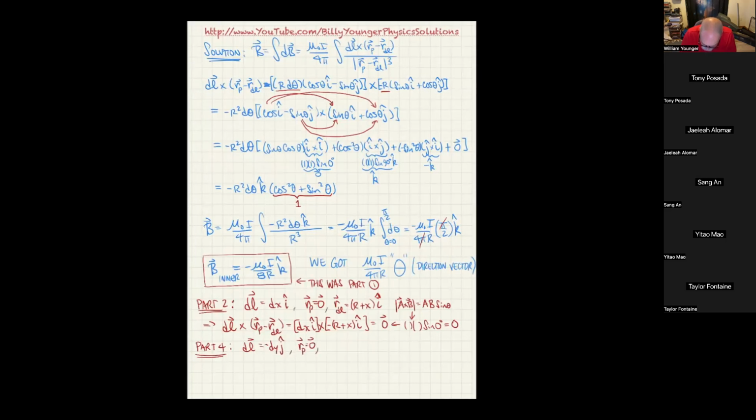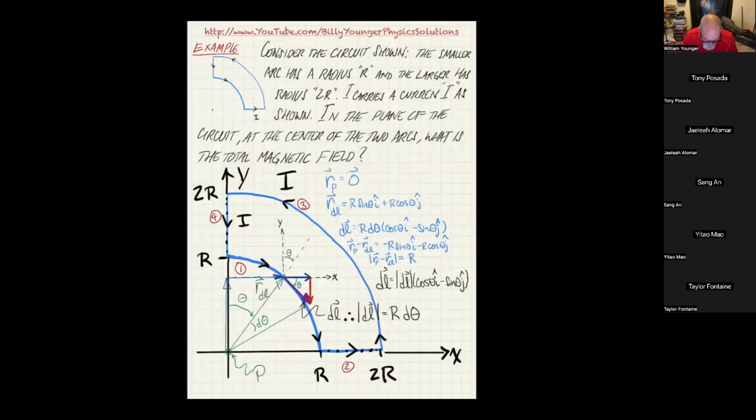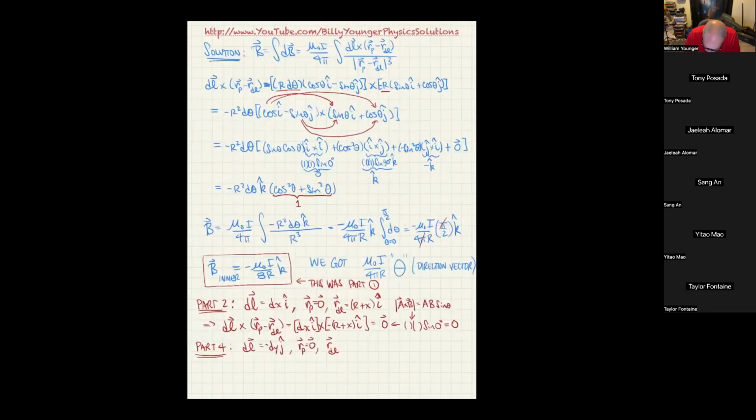And then we have RDL, which points to the little DL vector, which, by the way, is lying right along the x-axis, or excuse me, right along the y-axis. So it'll be at a value of y that's r plus some y. So I'm going to say it's equal to r plus some specific value of y. And then that's the sort of length of it, if you will. And then that's going to be in the negative j hat direction.